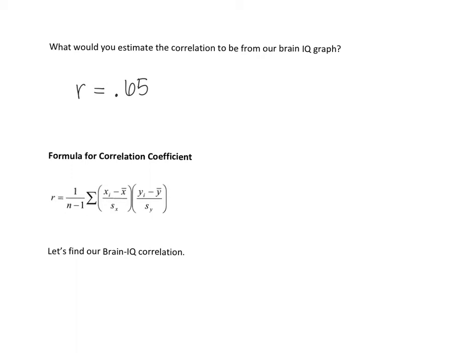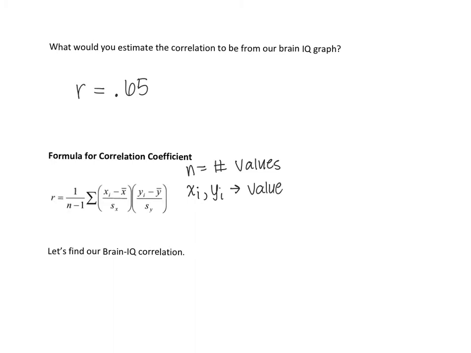The formula for the correlation coefficient is R equals 1 over n minus 1 times the summation of (x minus x bar over Sx) times (y minus y bar over Sy). We need to talk about what these represent. R obviously represents our correlation coefficient. n is the number of values in your data set. Xi and Yi represent each of those values.